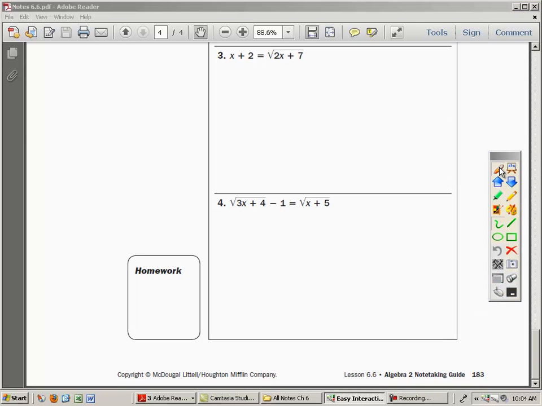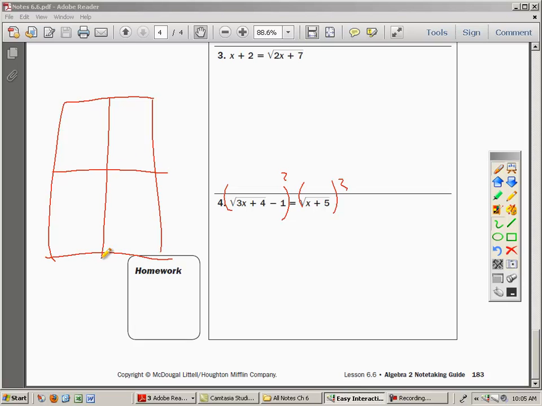And finally, let's take a look at the last one. This is that idea where you're going to have to square this thing twice. So we're going to square and square. When I square the square root of 3x plus 4, I have to use a Punnett square. If you can't do this by using our properties of square of a binomial, which is kind of tough to do.